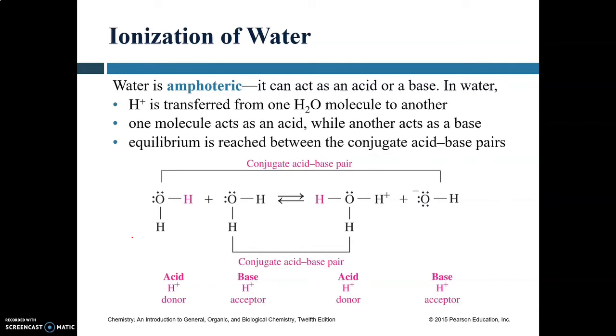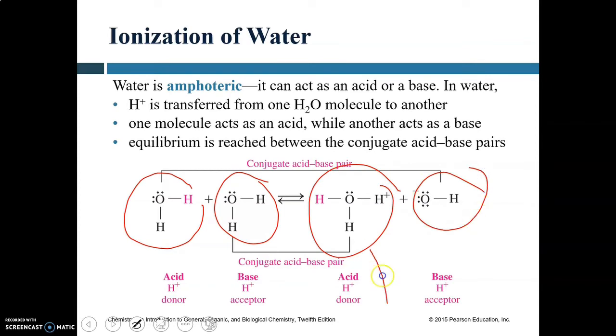So in pure water, hydrogen is sometimes transferred from one water molecule to another, forming hydronium ion and hydroxide ion. So hydronium ion acts as an acid, so this is one conjugate acid-base pair, water and hydronium ion, and another conjugate acid-base pair is water and hydroxide.